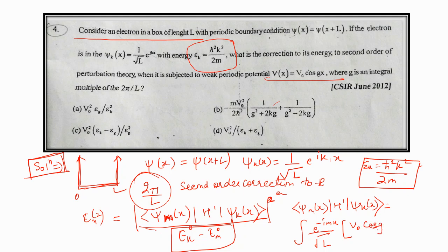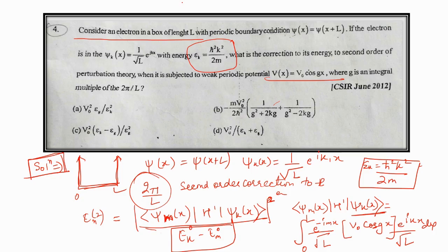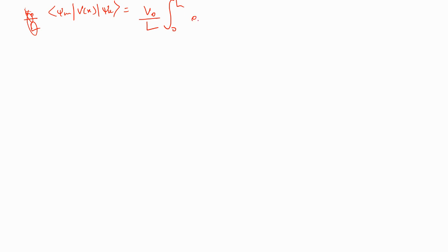So V naught cos gx, psi k is e raised to the power iota kx upon root L dx, and the limits will vary from 0 to L. Now V naught by L, sorry, phi m V x phi k is equal to V naught by L, integral 0 to L, e raised to the power iota k minus m x, cos gx dx.